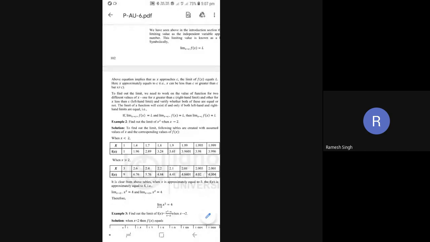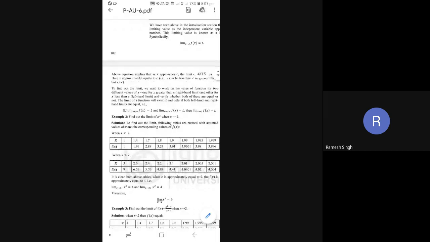So if x is 1, f of x means we substitute the value of x, so f of x is 1 itself. Then similarly, if x is 1.4, it will be 1.96 as per x square.